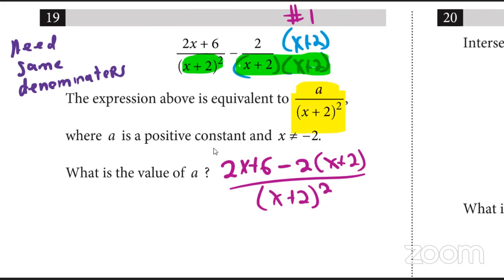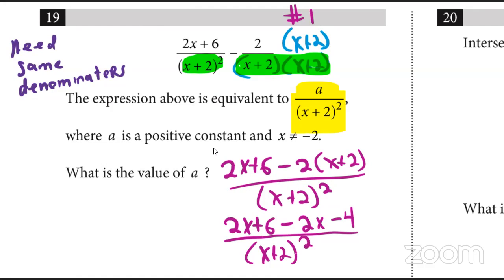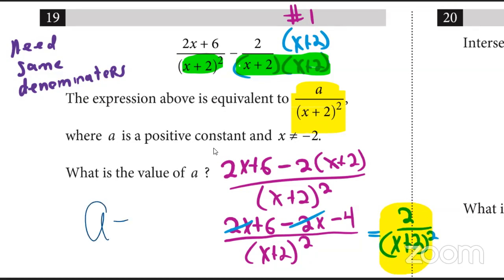So just being a little careful to distribute the right way. 2x plus 6 minus 2x minus 4 over the x plus 2 squared. And 2x minus 2x cancels to 0. 6 minus 4 is 2. And you have 2. So we were being asked for a over x plus 2 squared. And now we have 2 over x plus 2 squared. So a is 2.